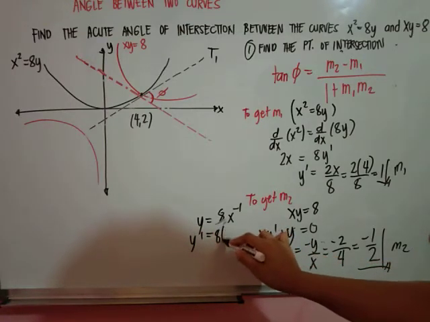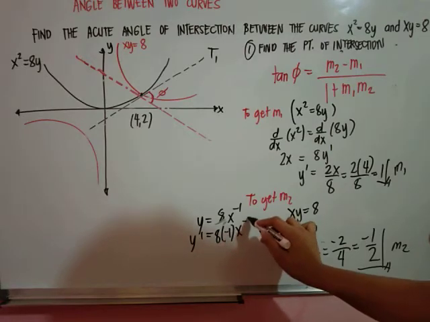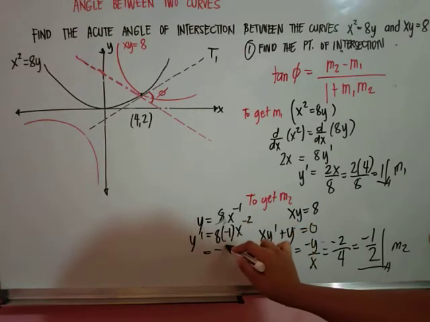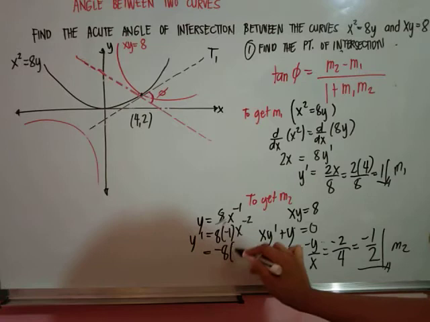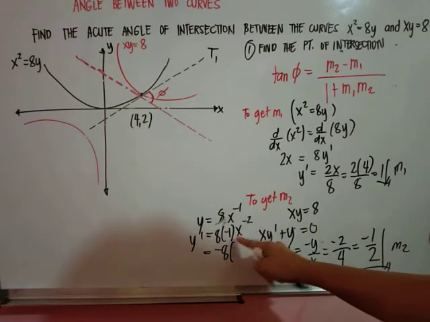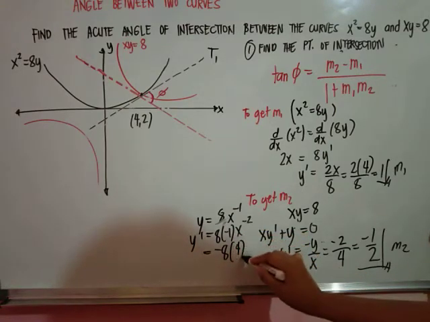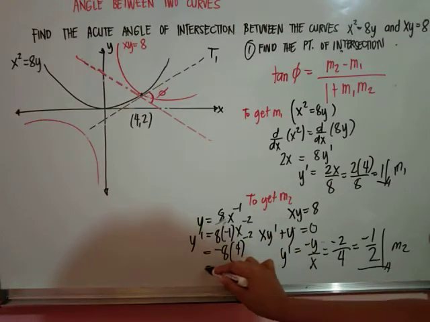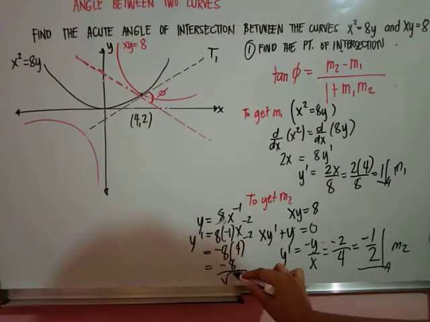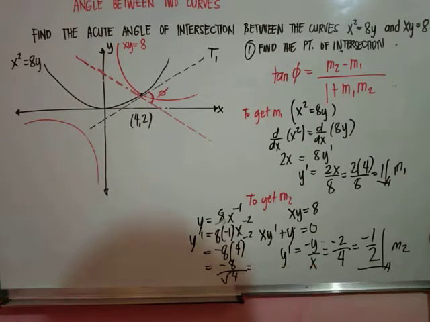So, 8, negative 1 times x raised to negative 2. So, pag sinimplify natin to, x is 4 raised to negative 2. So, we have negative 8 over square root of 4 dito. So, tama ba?